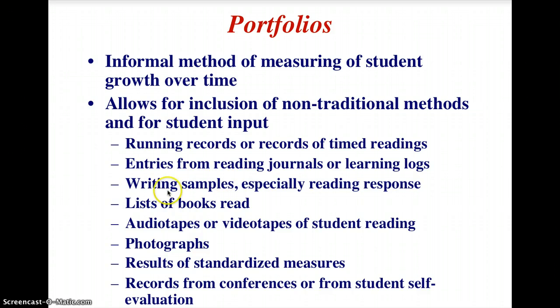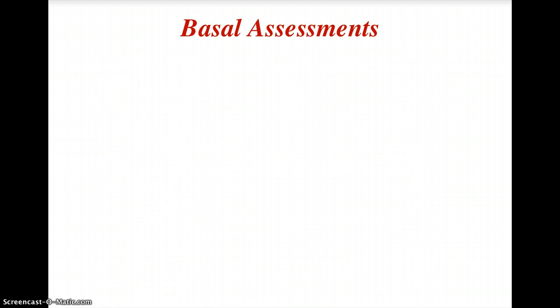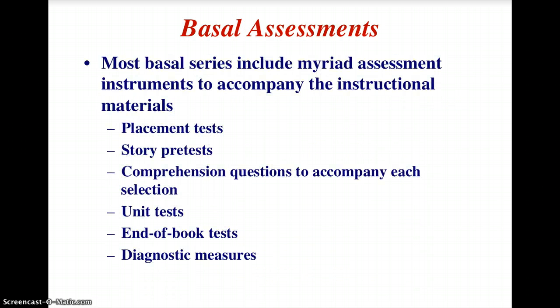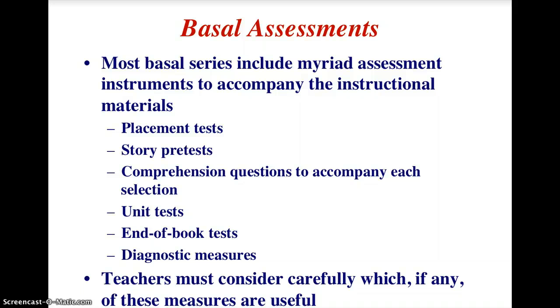Writing samples especially, you can see growth over time here. Basal assessments, you can quickly read through this, but basically teachers must consider carefully which, if any, of these measures are useful.